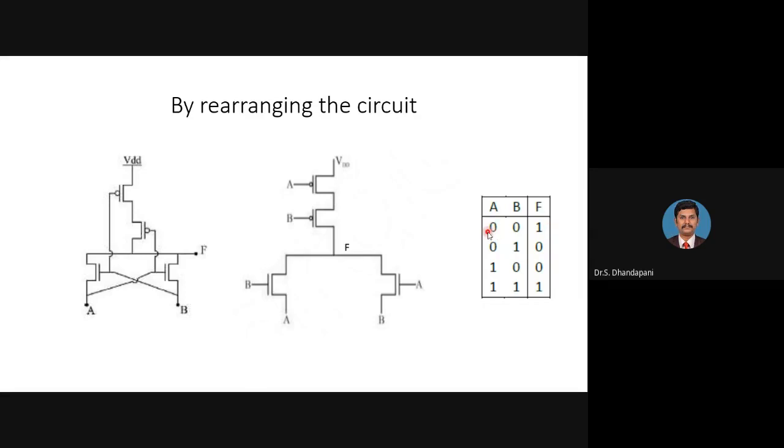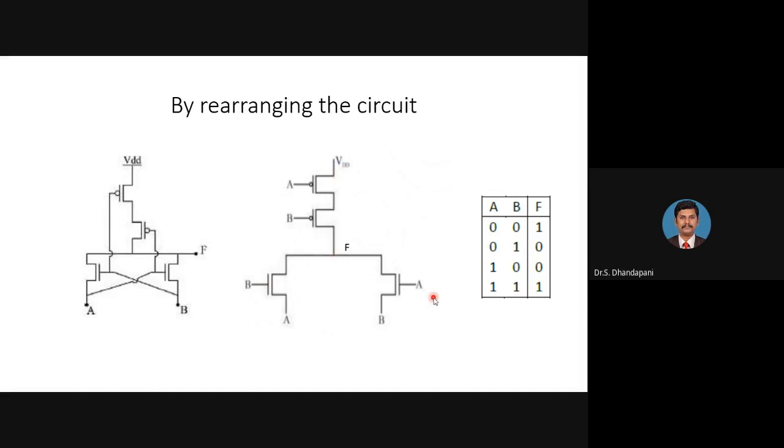Now I am going to the next condition. A equal to 0, B equal to 1. A equal to 0 means first PMOS is on. B equal to 1 means next PMOS is off. So in the series path, first one is on, second one is off. So there is no connectivity. So VDD cannot connect to F. Next, the NMOS side.